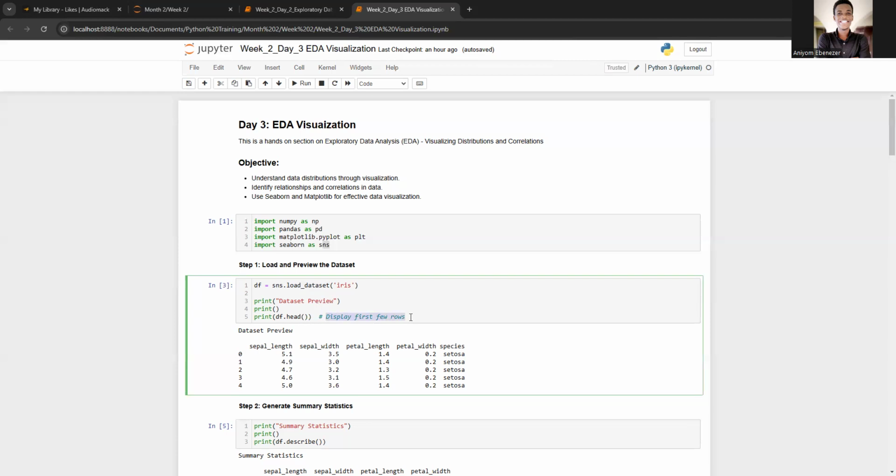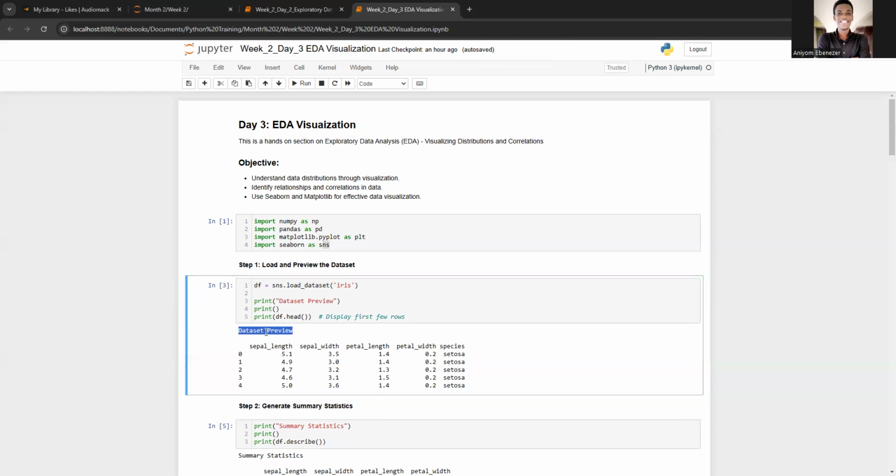Remember we talked about how to display the first 5 rows in our data frame when we're dealing with pandas. So df.head helps us to preview the first 5 rows in that data set.